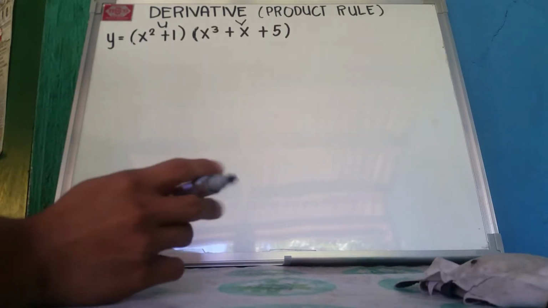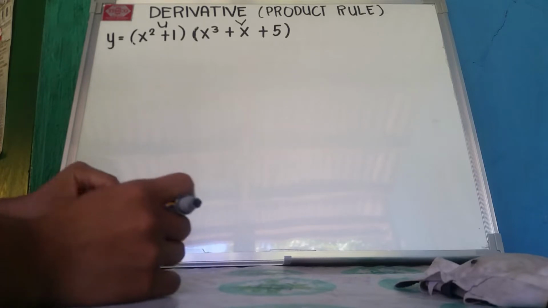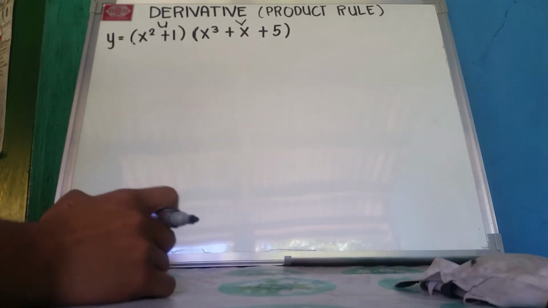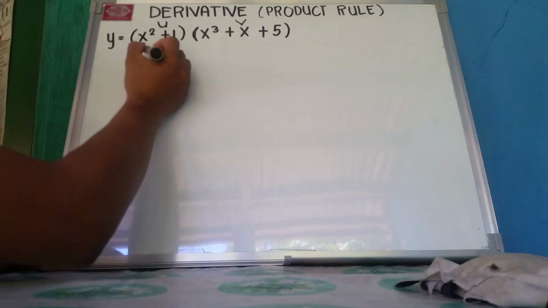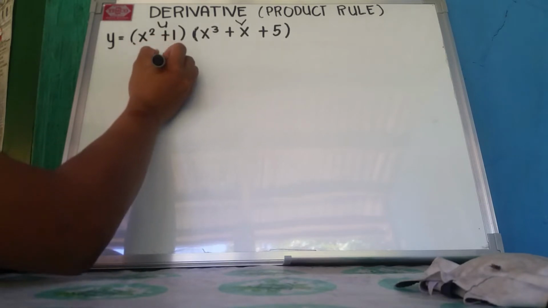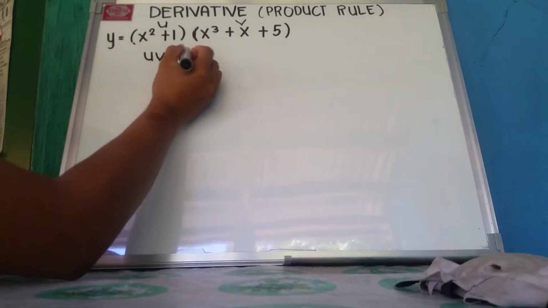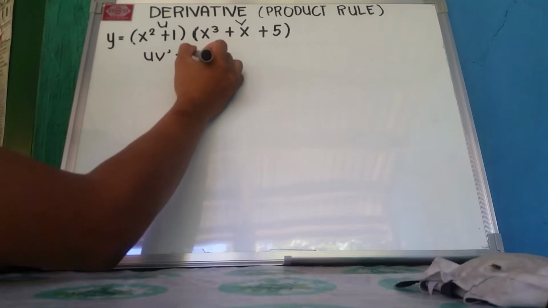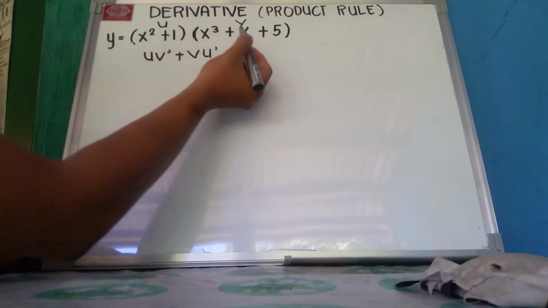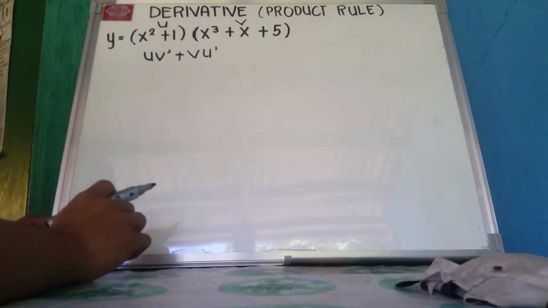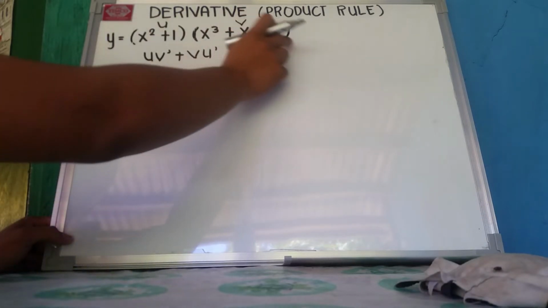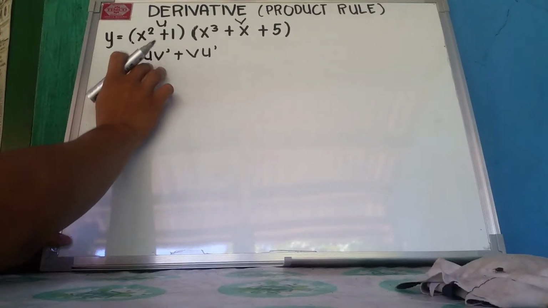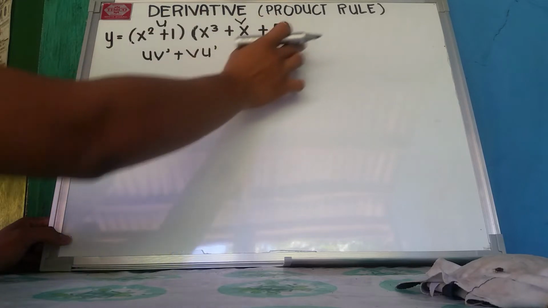So let us recall the formula of the product rule, wherein it states that uv prime plus v u prime. So we need to substitute the values of u and v prime by these.